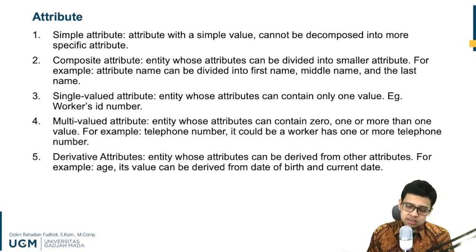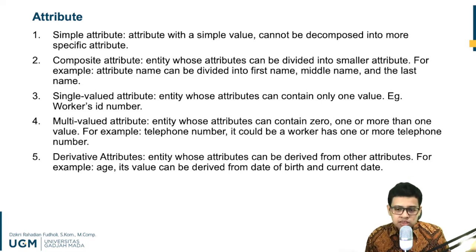An entity can only have one ID number, and that ID number will always stick to that entity. Another example of a single valued attribute is the simple attribute of gender. Each person can only have one gender, male or female, and that's it. That's an example of the single valued attribute.